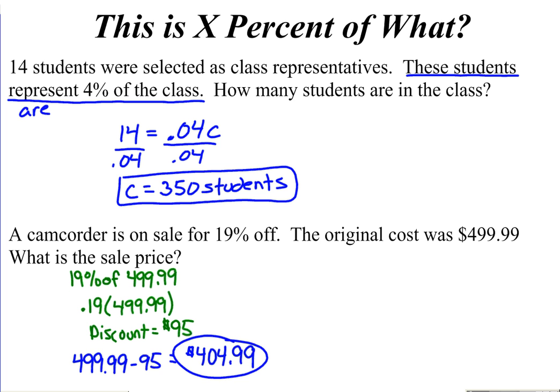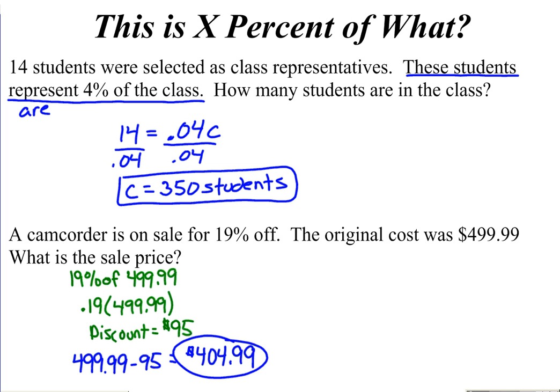I'm going to show you a way here where if you can get used to thinking about what percents mean, a much quicker way of finding this. Camcorder's on sale for 19% off. If it wasn't on sale, we know that we have to pay 100% of that $499.99. We don't need to pay 100% though because it's on sale for 19% off.